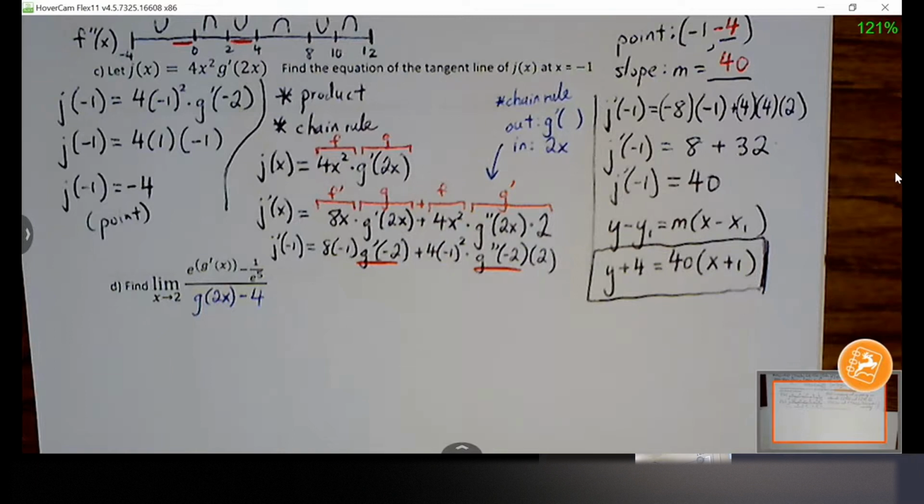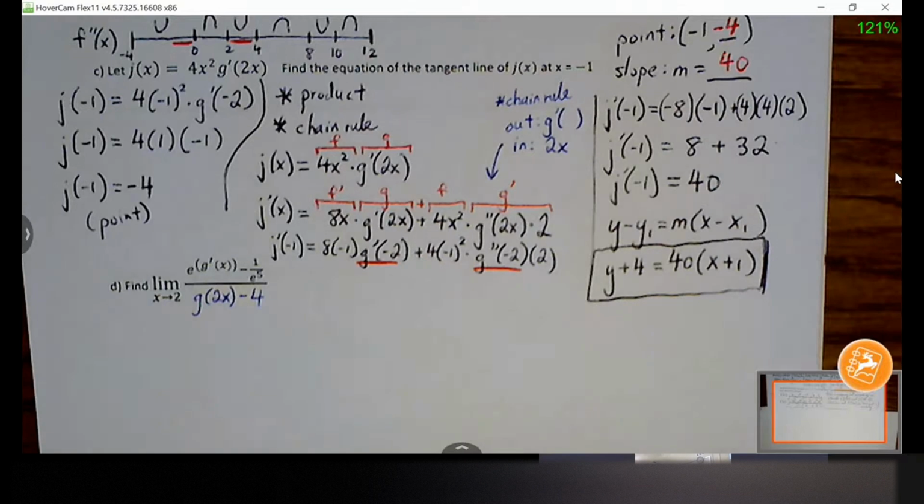Before that, what's the first thing we always do? Every limit problem, plug in the approaching value and see if it's undefined. Let's plug in. That way we can start our information gathering stage. Let's see what's actually going on at 2. So everywhere I see an x, I'm just going to plug in.